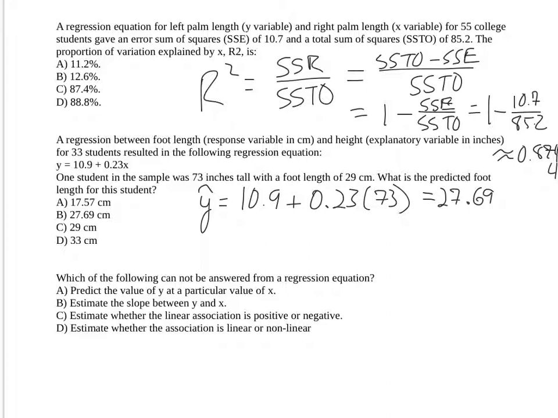If they don't give you the correct explanatory variable, so if they ask you to predict his foot length but they didn't give you his height, you can't do it. So that's really the only trick. It's otherwise fairly simple. Just plug the explanatory variable in place of x and find your predicted variable y.